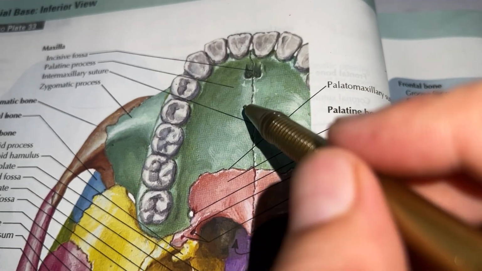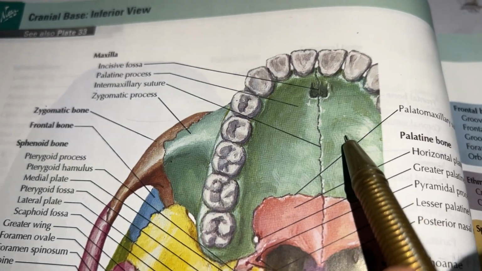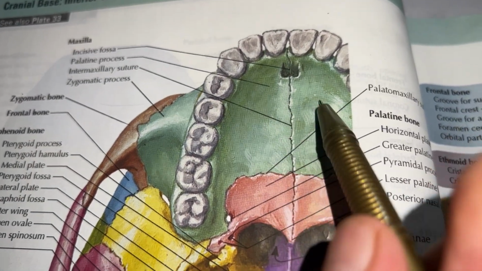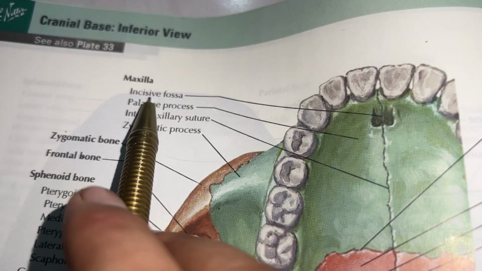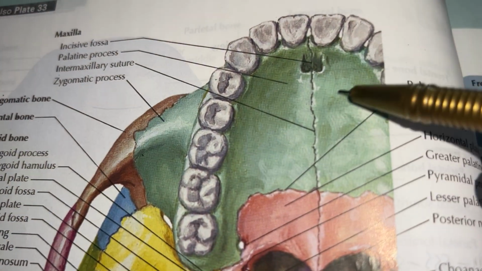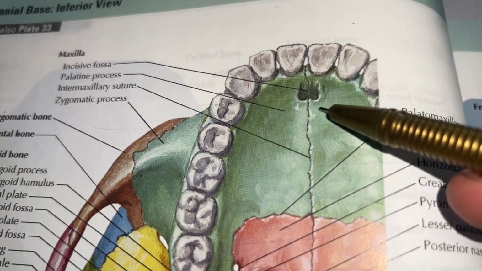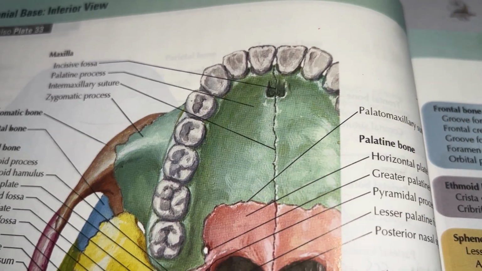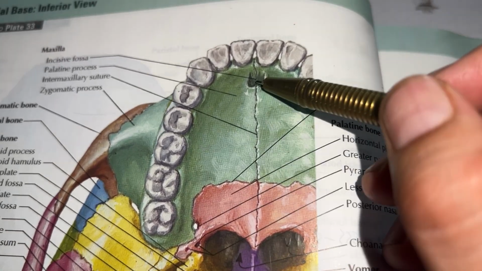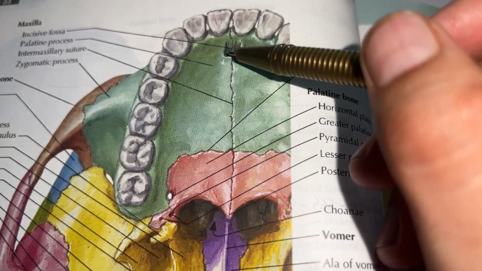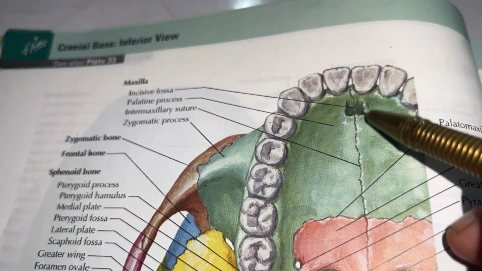Okay, so this is the maxilla, and this suture which is present between the two maxillary bones is called the median palatine suture, or the intermaxillary suture. Above this suture is this fossa or foramen. This is called the incisive foramen or incisive fossa, and it transmits nerve and vessel. The nerve is the nasopalatine nerve, while the artery is the sphenopalatine artery.